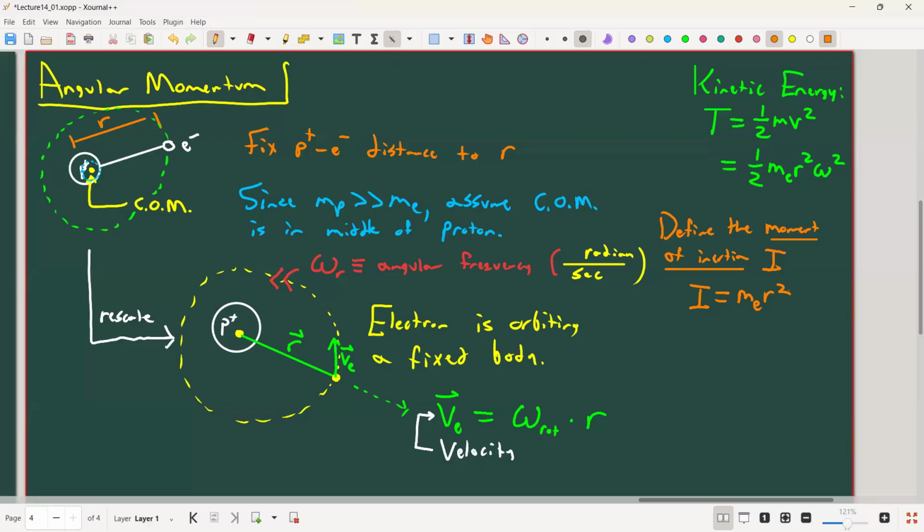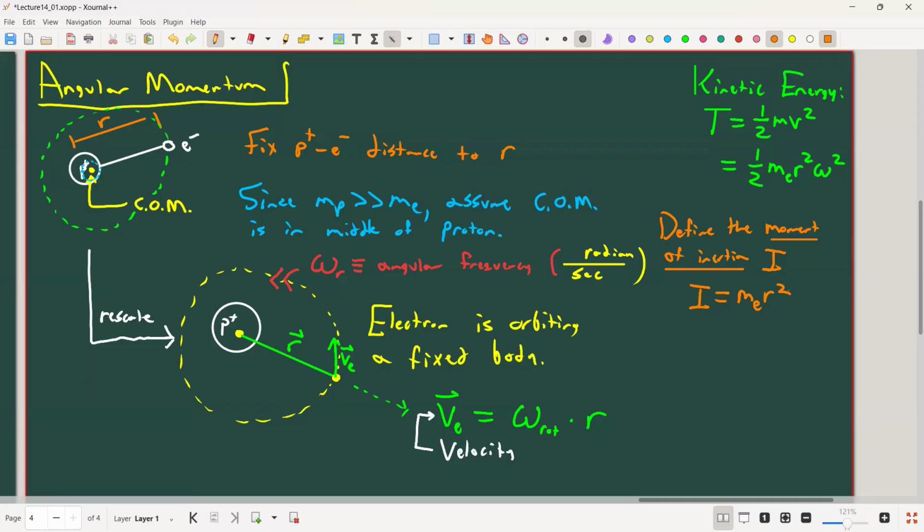One of them has their arms out, and their angular frequency is slow compared to the other one who has their arms closed. You've seen that before, and you can watch figure skaters speed themselves up by opening and closing their arms. All they're doing is changing r here, changing their moment of inertia.